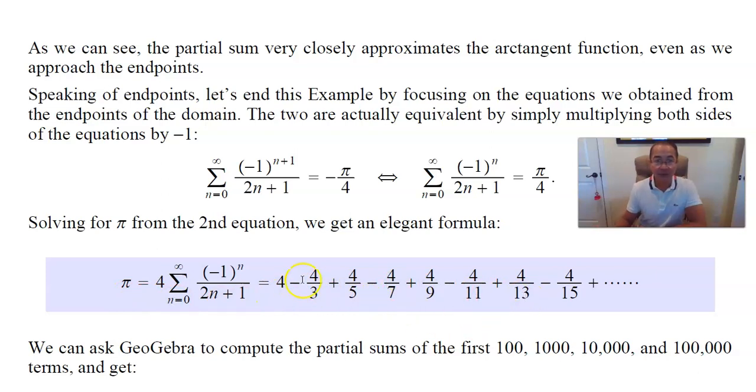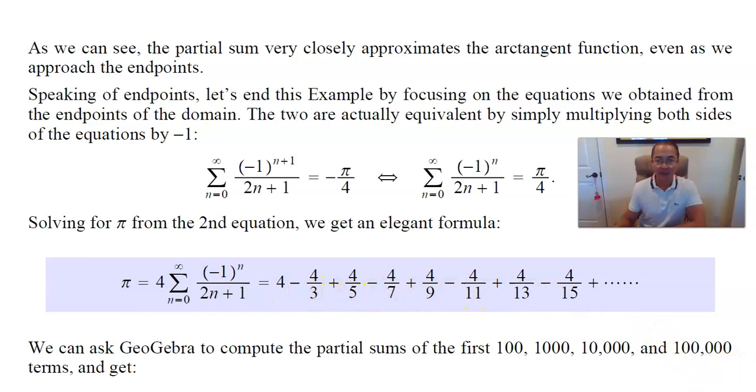Start with 4, subtract 4/3, so you'll get 2.66666, I'm sorry, not 3.333. Then add 4 fifths, 0.8, subtract 4/7, add 4/9, minus 4/11, and so on. You have the odd integers in the denominator, 4 in the numerator, alternating plus minus, plus minus, and so on.